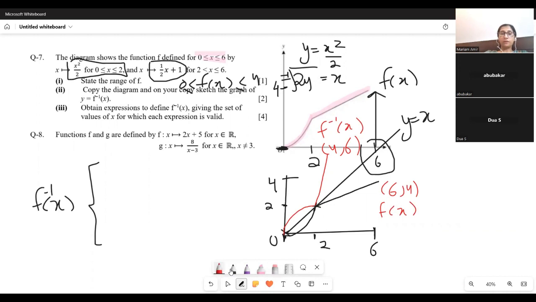But since it's a quadratic function, we're going to take either the plus sign or the minus sign. What will it be here, plus or minus? We have found the inverse of this function, which came out as square root of 2x, from this method, making x the subject, replacing y with x. It will be plus, because here the value of x is from 0 to 2. So yes, plus. Okay, you write plus only.